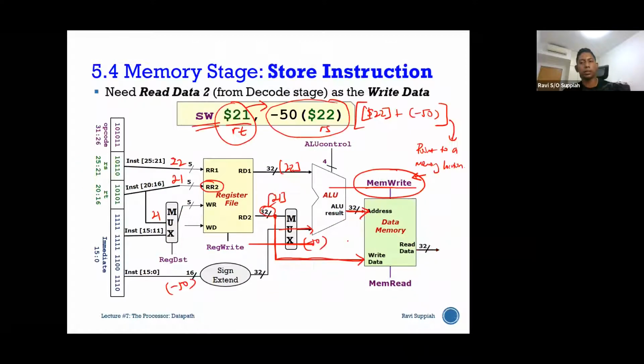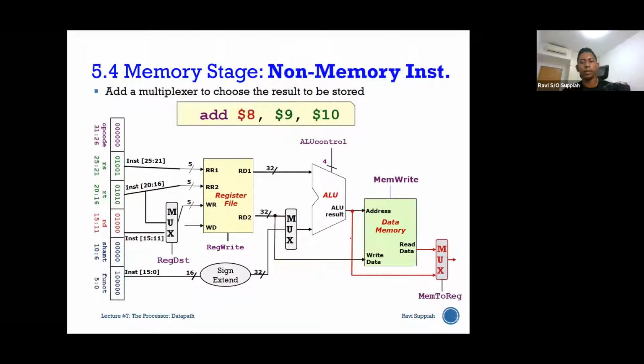Okay, so let's look at this from the next slide over here. So you can see that in this slide, the ALU result, like what I mentioned just now, is always connected to the address.